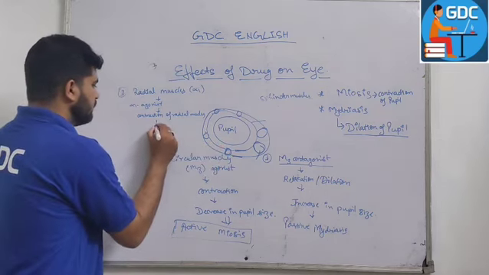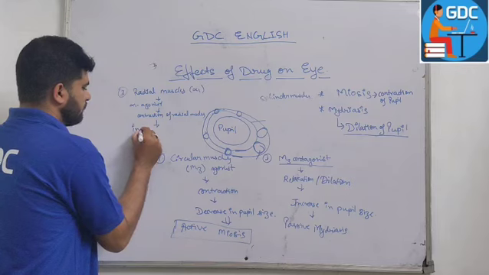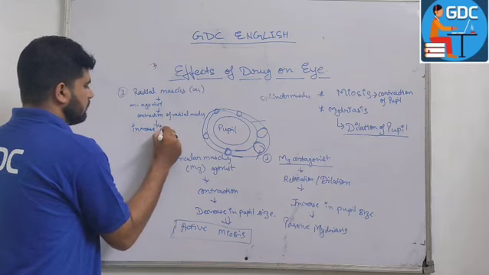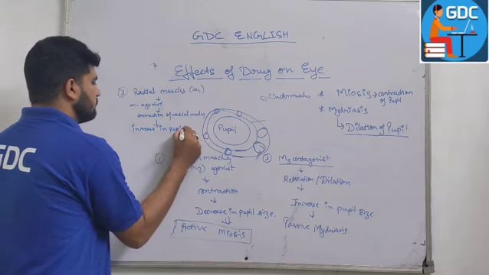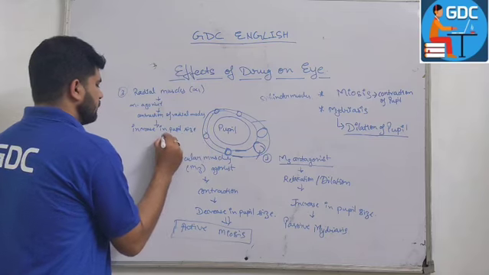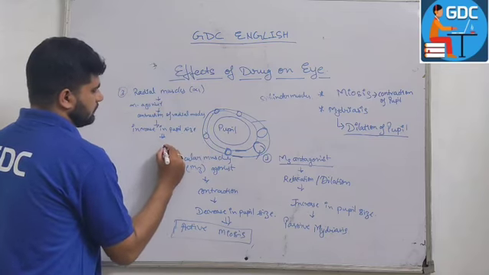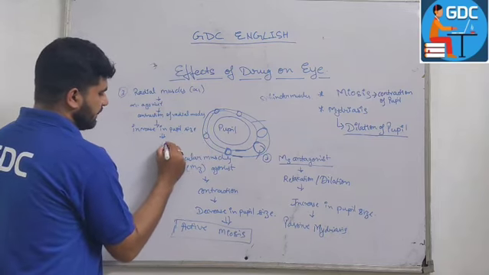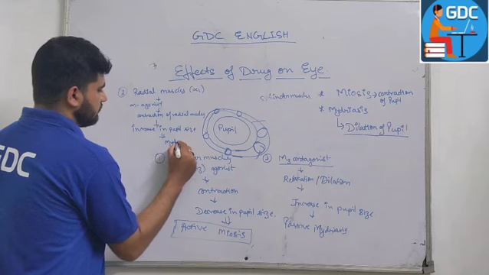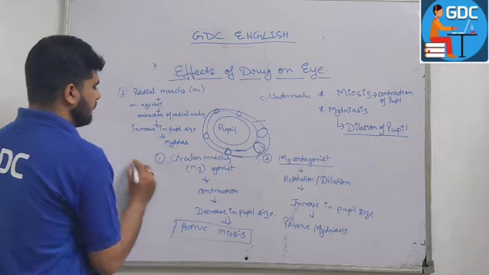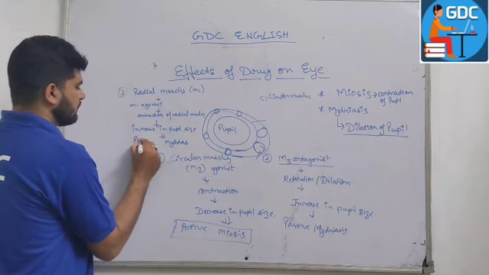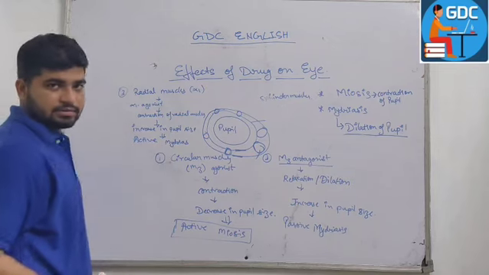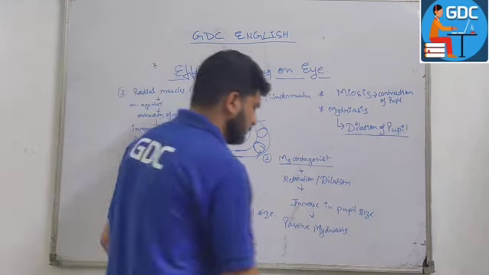So that will lead to the increase in pupil size, which will be called dilation. Dilation is called mydriasis. That will be an active mydriasis.